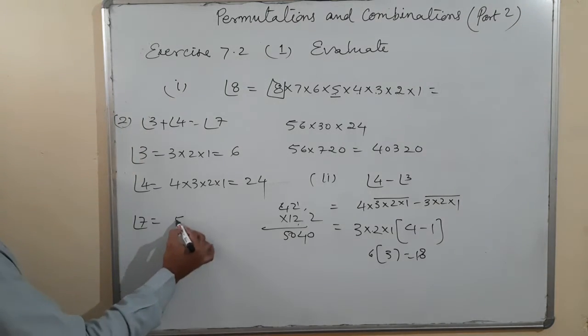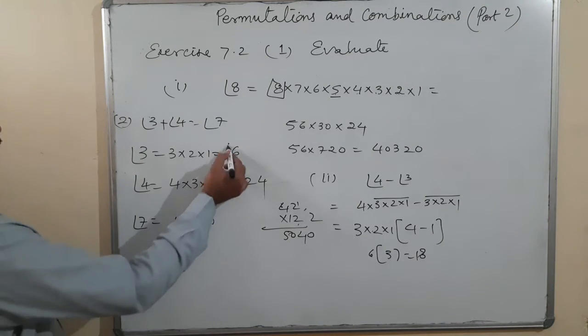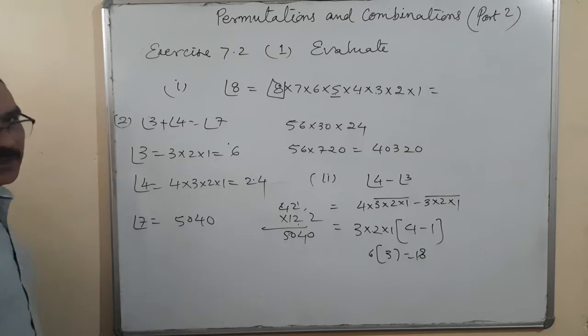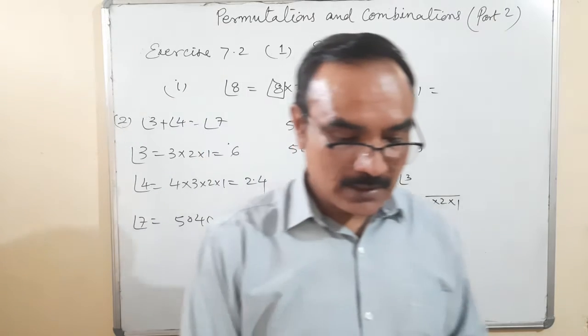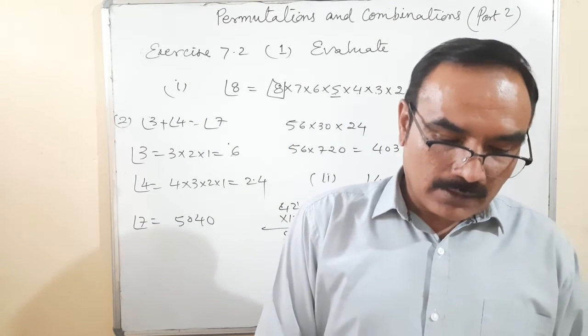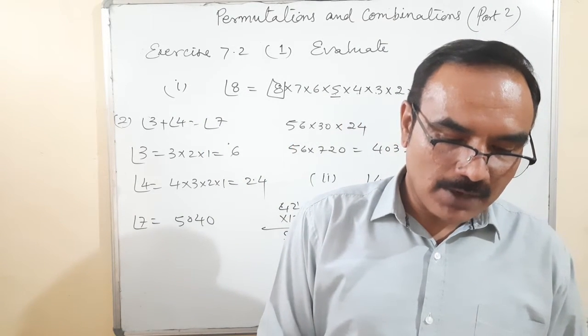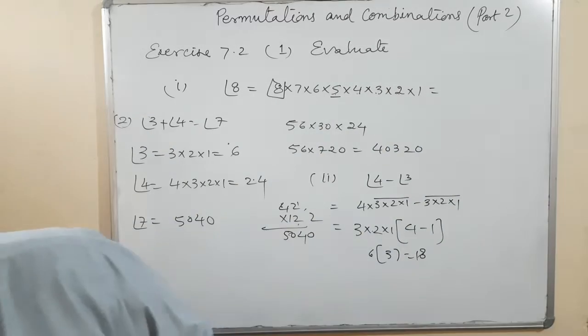It is coming 5040, and the sum of the others is 30. So there's a huge gap between these two terms, so they are not equal. Next question: compute factorial 8 upon factorial 6 multiplied by factorial 2.